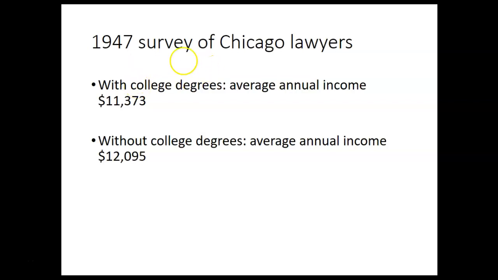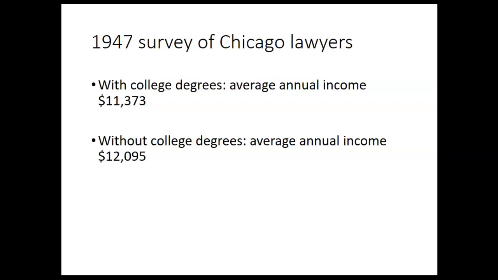And of the ones with college degrees, their average annual income was $11,373, which doesn't sound like much today, but that was pretty good back in those days. But the ones without college degrees had an average annual income of $12,095. So what it looks like here is, hey, the lawyers without college degrees were earning more money.